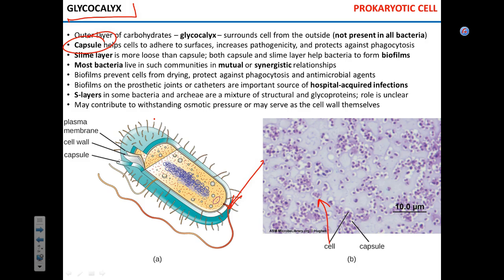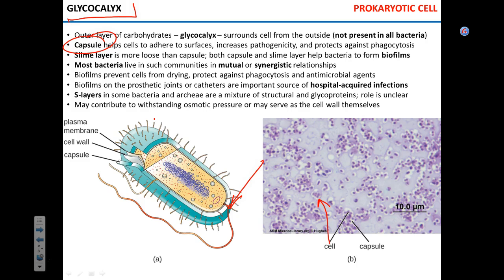You remove the capsule, so is it going to kill mice or not? Probably not, and it turns out it's true. A strain of Streptococcus pneumoniae that does not have a capsule is non-pathogenic in mice. Does that make sense? So that is another example of a virulence factor, the capsule.